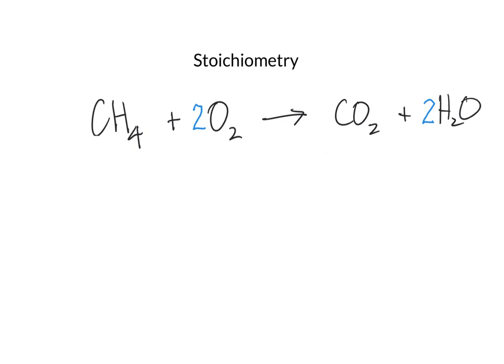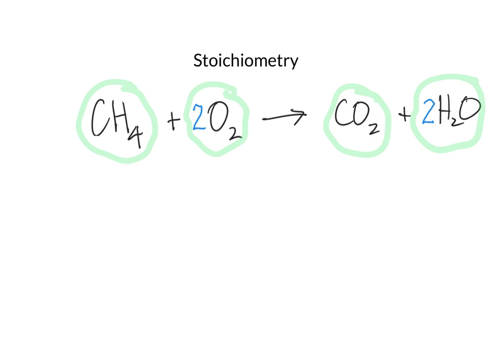So now that we have a balanced equation, let's suppose that we want to calculate the amount of water that we might get. Well, before I do that, let's first look at how we can interpret this chemical equation. One way to interpret this is that we have 1 molecule of this, 2 molecules of this, 1 molecule of this, and 2 waters.